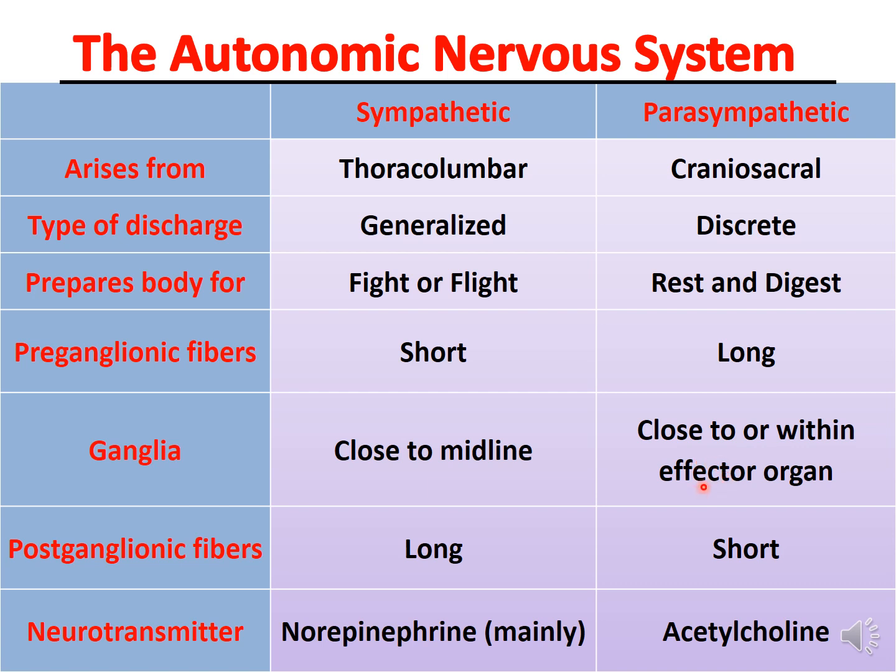In the parasympathetic nervous system, they will be close to or within the effector organ, and that indeed will make the postganglionic fibers of the sympathetic nervous system longer than those of the parasympathetic nervous system. As mentioned earlier, acetylcholine is the neurotransmitter between the postganglionic neuron and the effector organ in the parasympathetic system, while norepinephrine is the main neurotransmitter between the sympathetic nervous system and the effector organ.